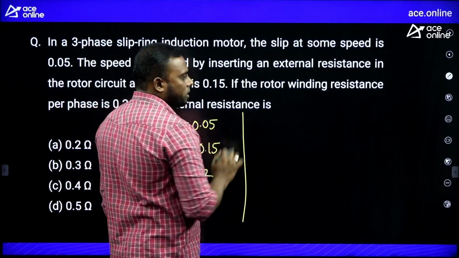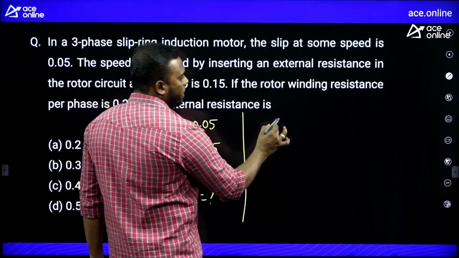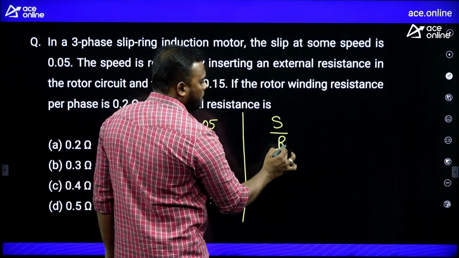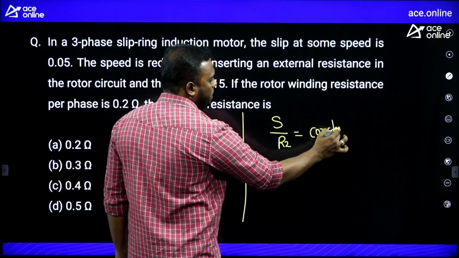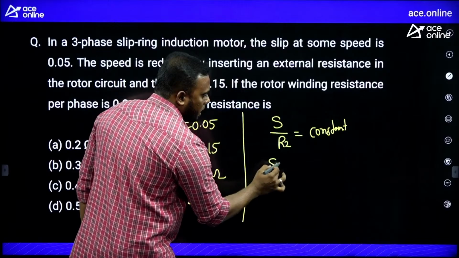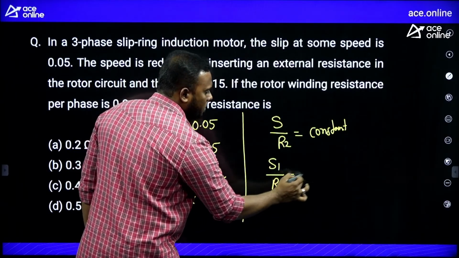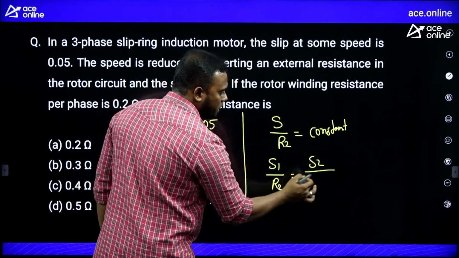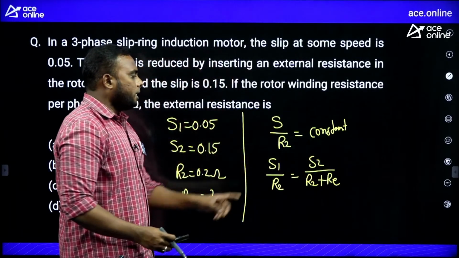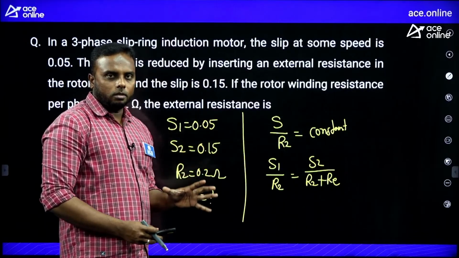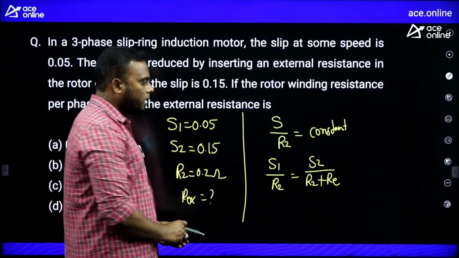If you remember, in rotor resistance control this ratio must be constant to have constant torque. The S by R2 ratio should be constant. So S1 by R2 equals S2 by R2 plus RE, after addition of resistance. This S by R ratio should be constant. Now all the values are there, the only unknown is RE.